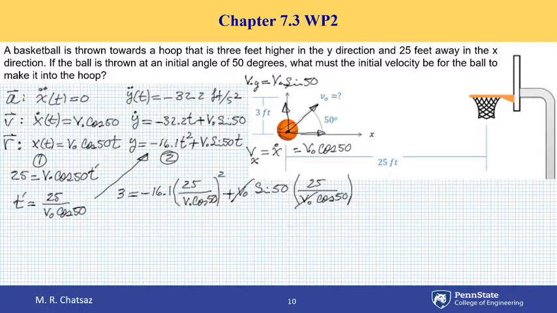Taking a calculator, I can rewrite this as 3 equal to taking 25 and squaring it and multiplying it by minus 16.1 and then dividing it by cosine squared of 50, I get a numerical value of minus 24,354, times 1 over v naught squared.